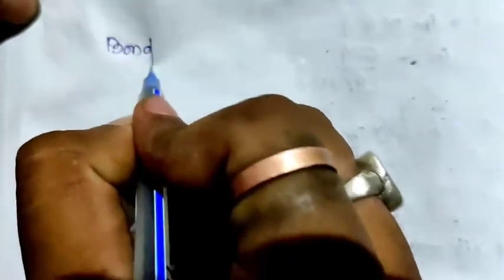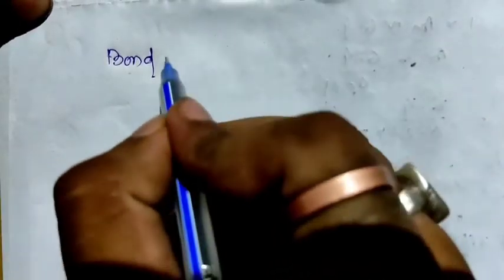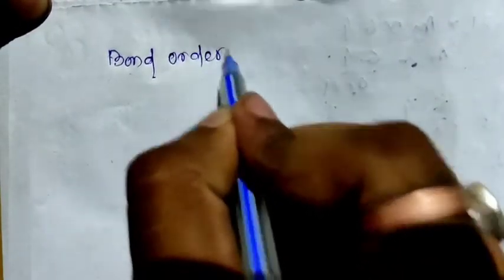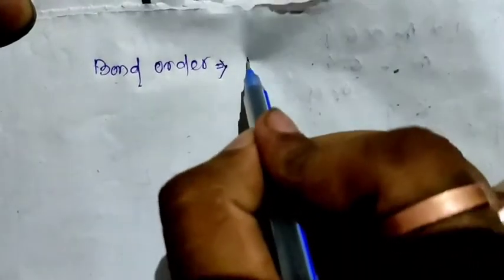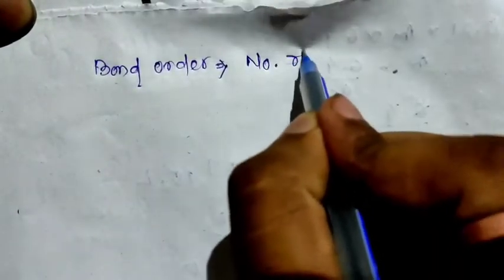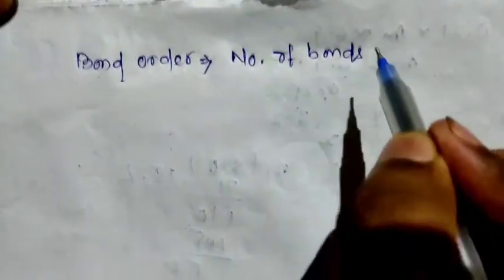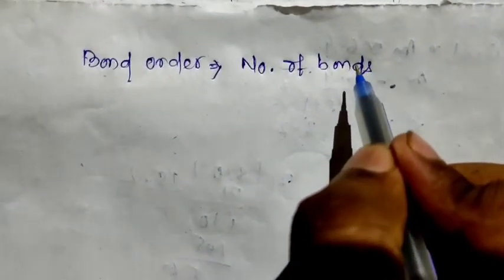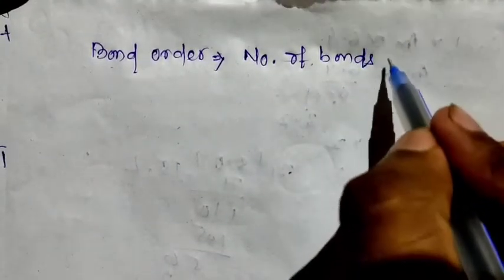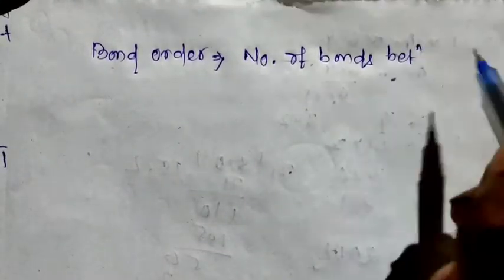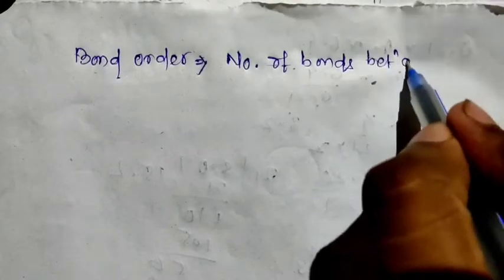Bond order generally refers to the number of bonds between atoms.